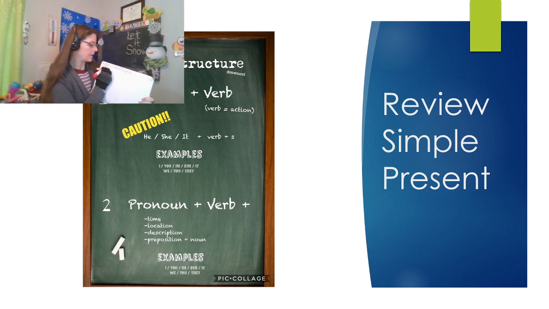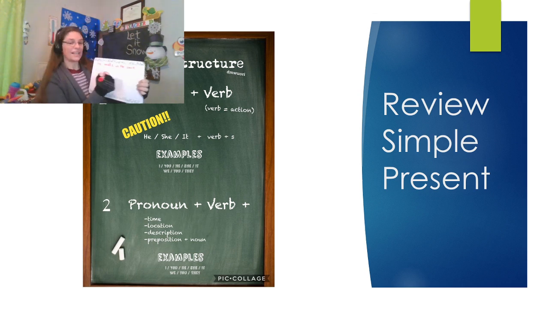Okay, so let's begin with he. So we can practice that. He, okay, walk, walks. This is where we need that S. In the park. Perfect. Present simple sentence.